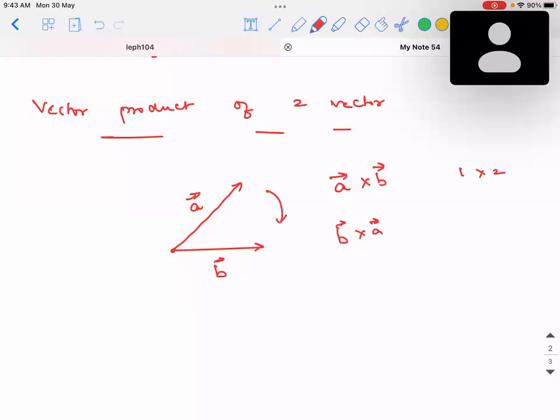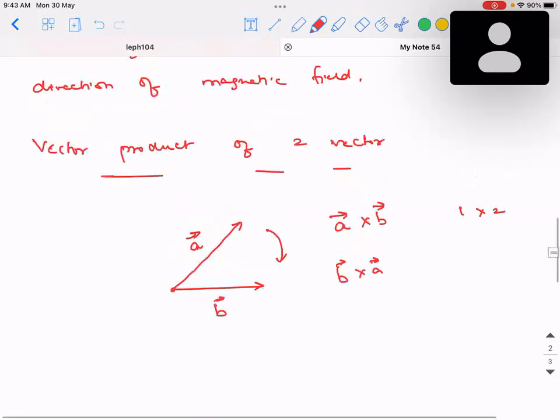The same thing is happening here. When something is clockwise, it is away from you. When something is anti-clockwise, as with B cross A, it is towards you. Are you able to understand? That is why I called it the screw rule, because all the screws in this world have a fixed direction. You can never find a screw where you want to close it and you turn it in the anti-clockwise direction. That is how manufacturing companies work. Are you able to understand?